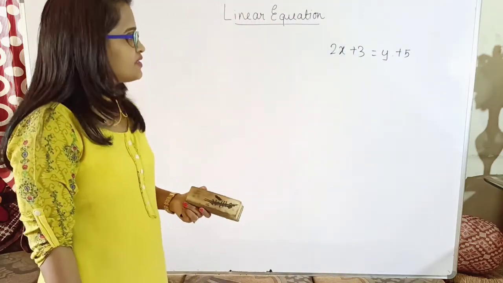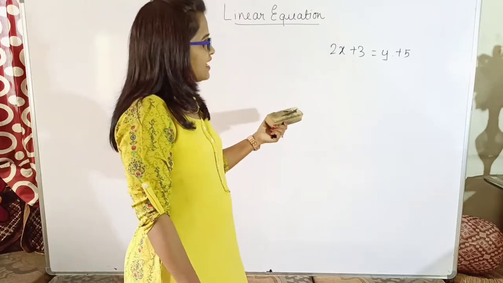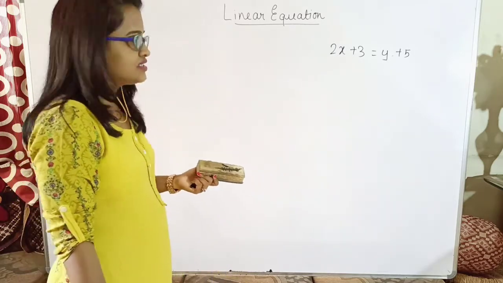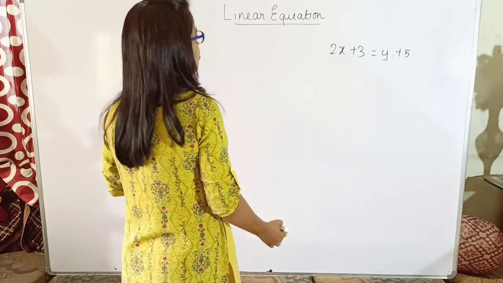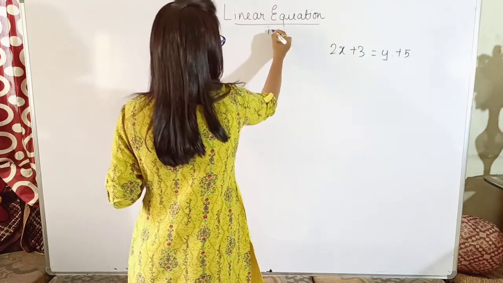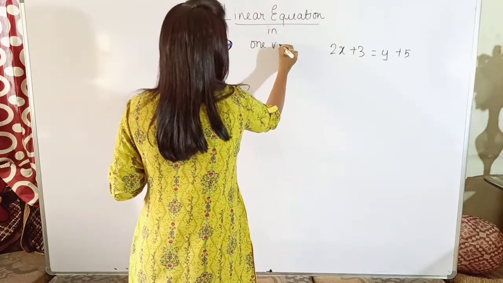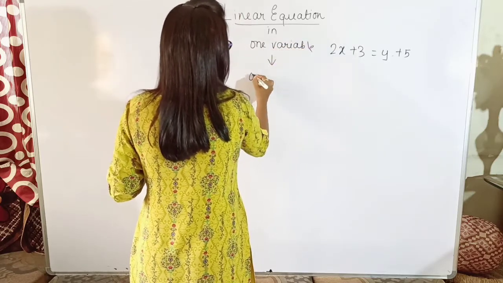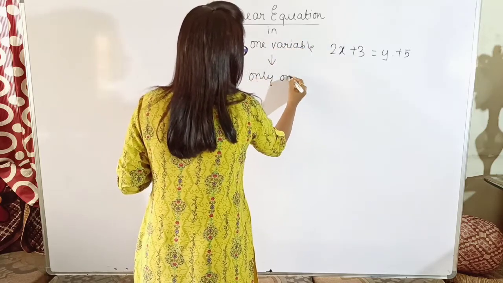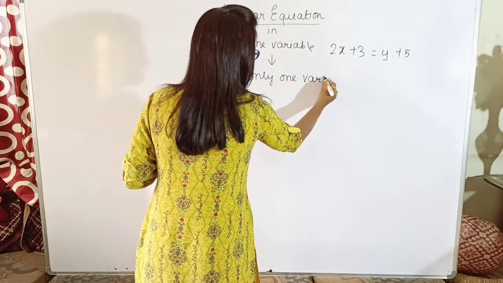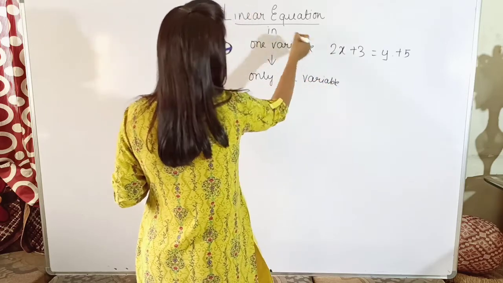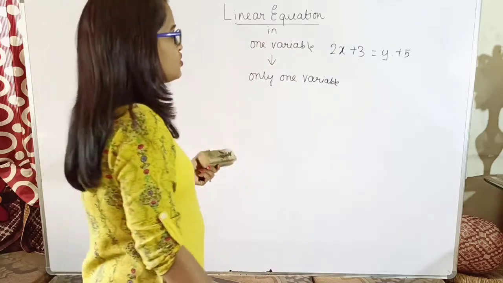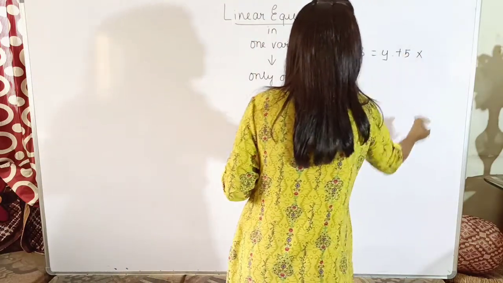How many variables are present in it? Two variables, x and y, isn't it? Yes. But whenever you are talking about a linear equation in one variable, definitely it should have only one variable. So will this example be classified as a linear equation in one variable? No, because there is more than one variable, isn't it?